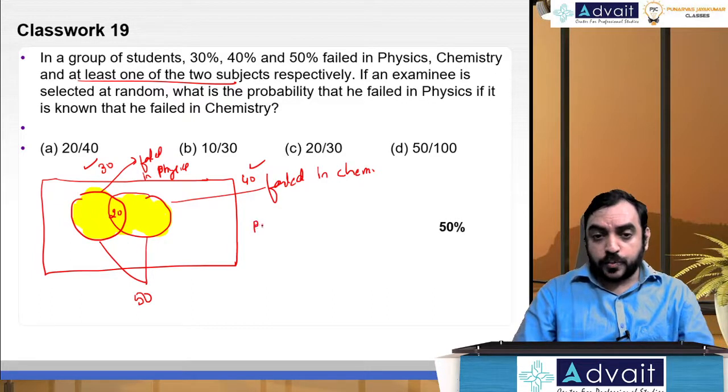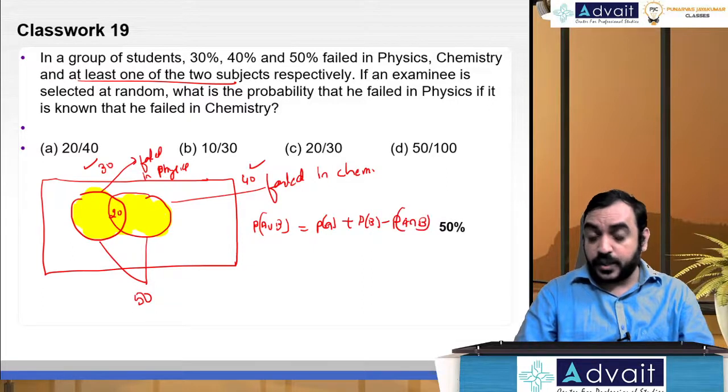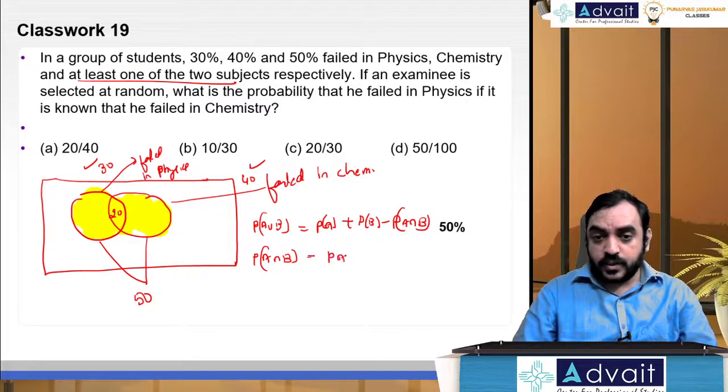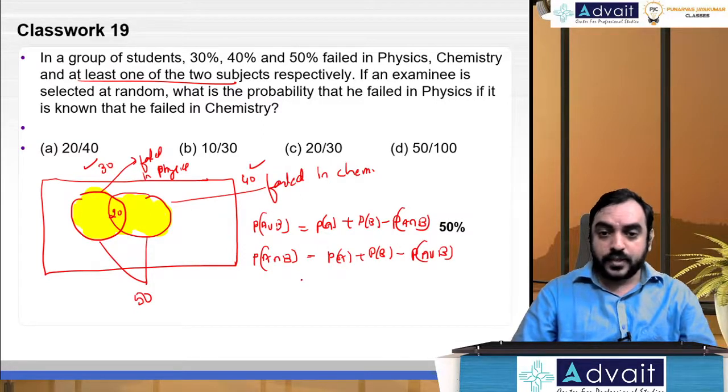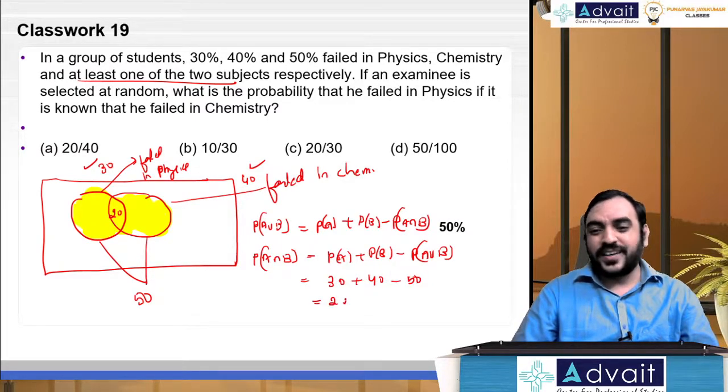Probability of A union B is probability of A plus probability of B minus probability of A intersection B. Keeping this to the left side, probability of A intersection B is probability of A plus probability of B minus probability of A union B. That is 30 plus 40 minus 50, which gives you 20.